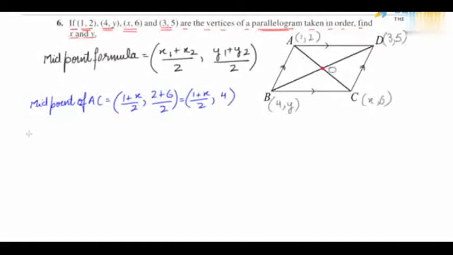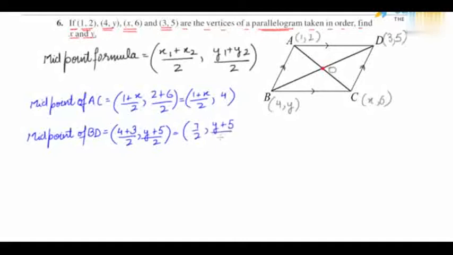Now find the midpoint of BD. It will be (4 plus 3) by 2, comma (y plus 5) by 2. So 4 plus 3 is 7, so 7 by 2, comma (y plus 5) by 2 stays as it is.